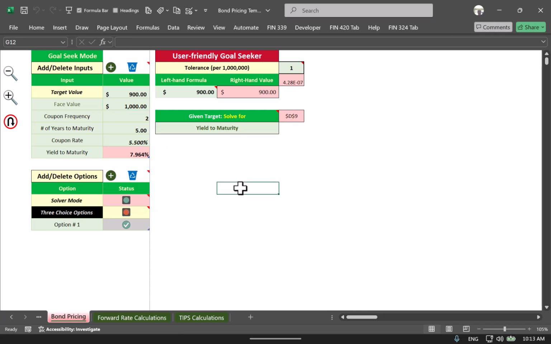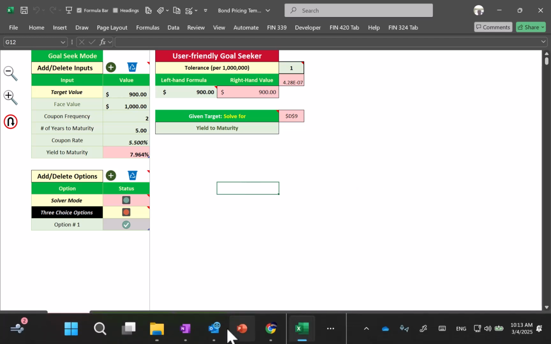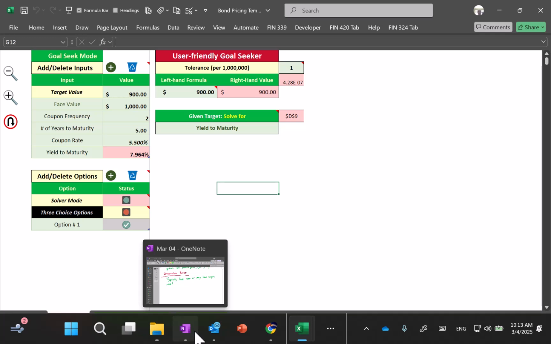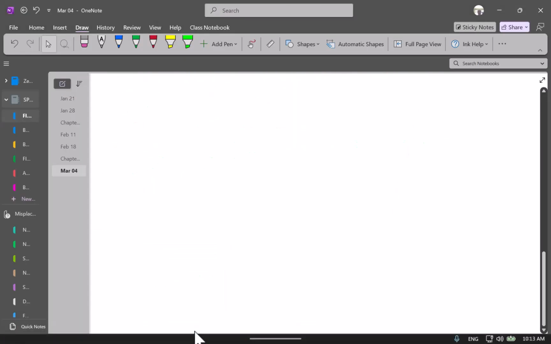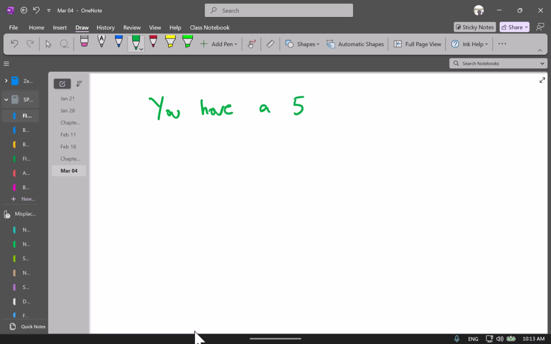One of the things this chapter talks about is yield to call. It's somewhat easy to implement, but we kind of need to think about it for callable bonds. Let's give an example. You have a 5% coupon bond with 10-year maturity.